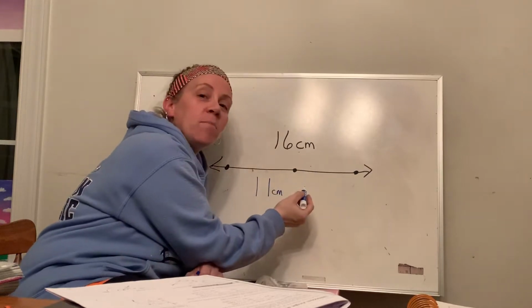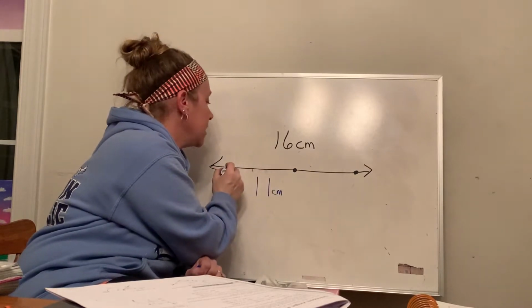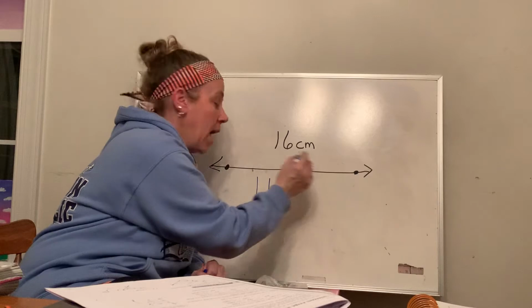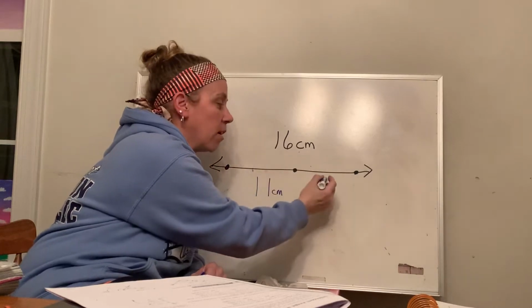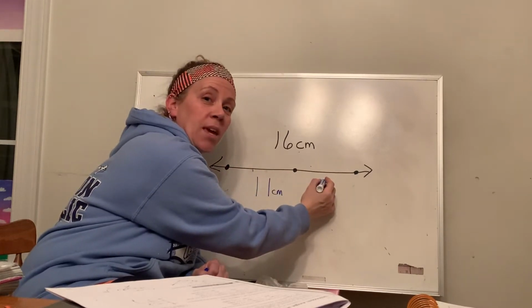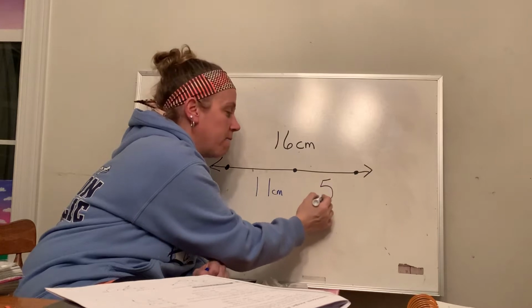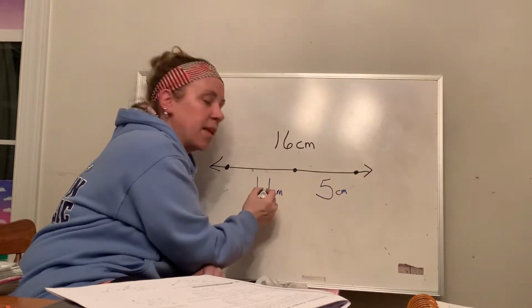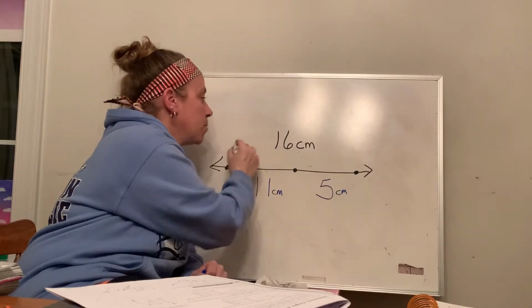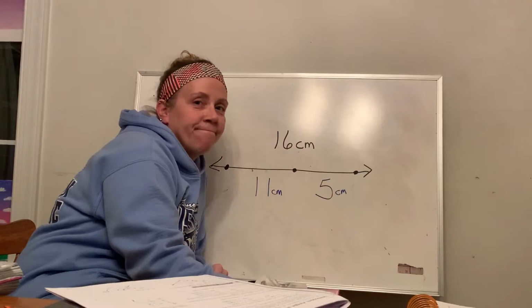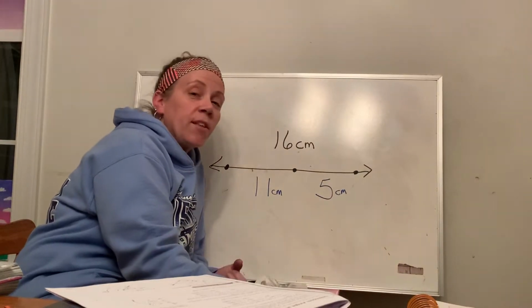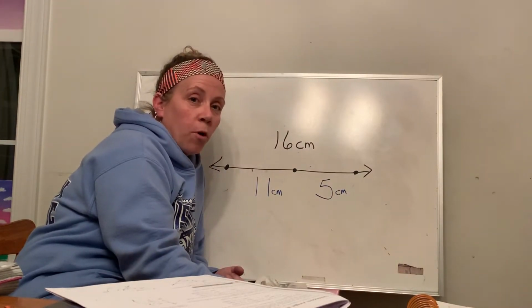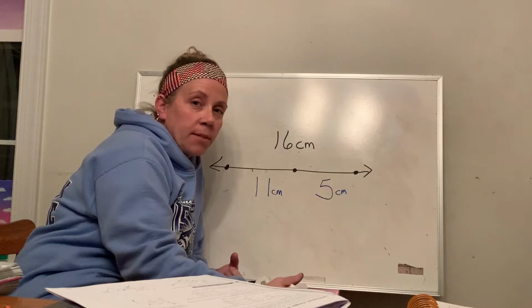So to find the missing piece, you would say, well, if it's 16 from here to here, and it's 11 from here to here, then this piece has to be 5 centimeters, because 5 centimeters plus 11 centimeters gives me my 16 centimeters. We've done this a lot in fourth grade, finding the missing piece.